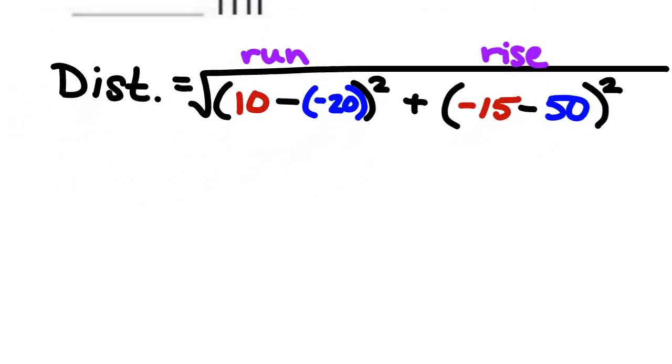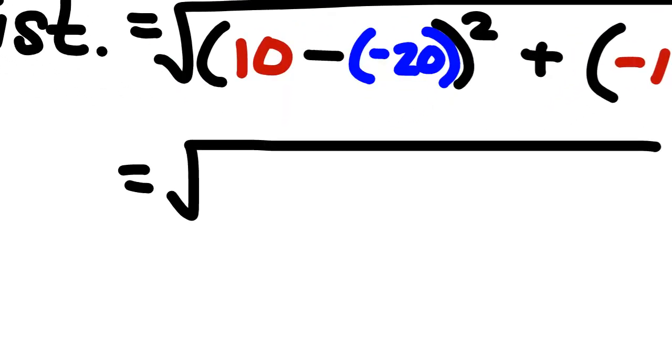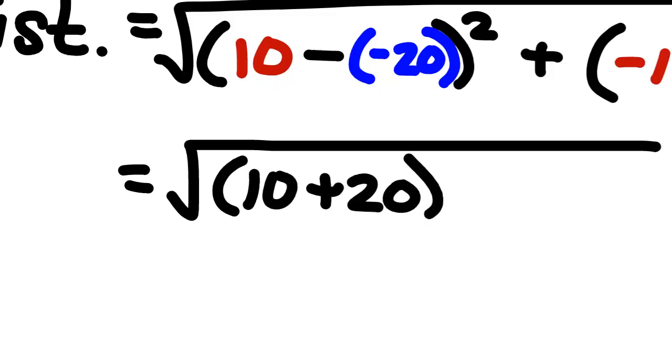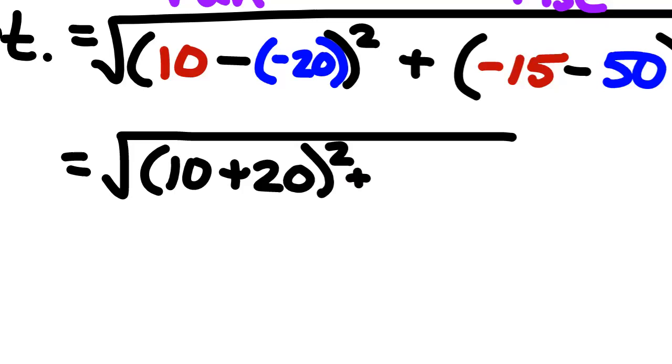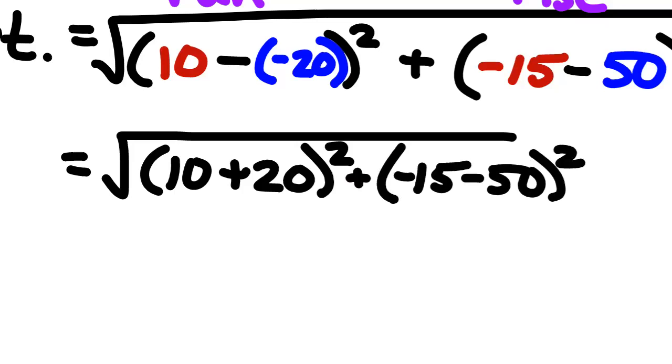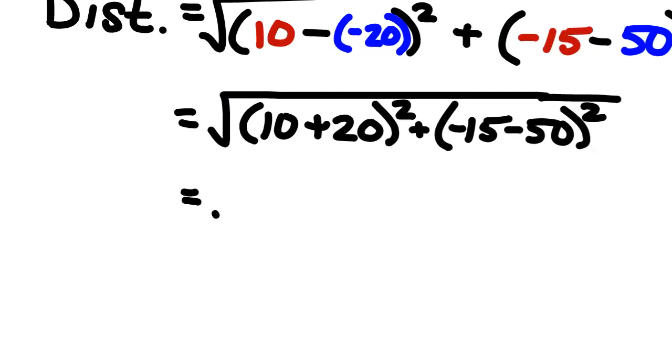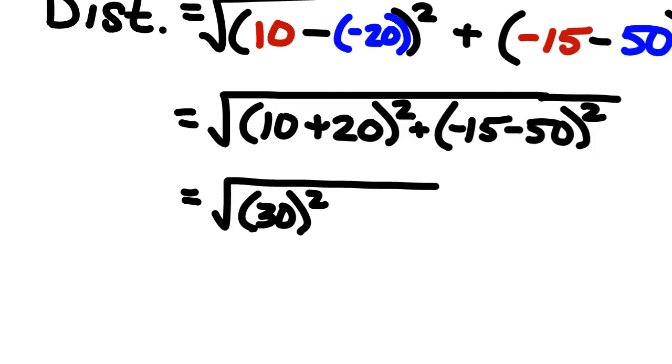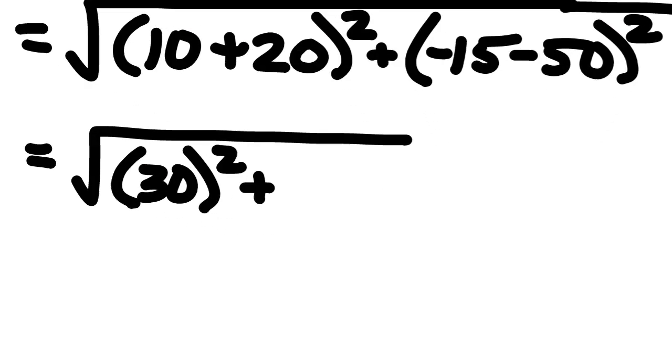I'm going to grab my calculator and start simplifying things here. When I subtract a negative, let's start with that. Subtracting a negative would be what? Adding. So I have 10 plus 20 here, which is 30. So I have 30 squared plus, what's negative 15 minus 50?